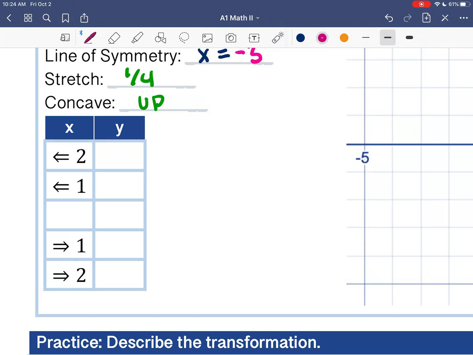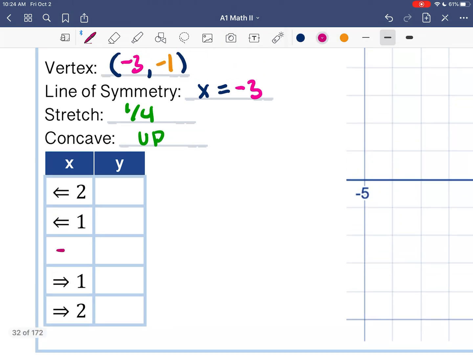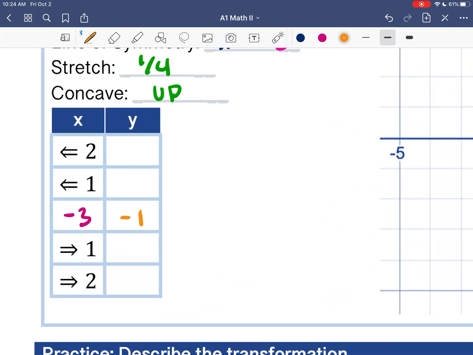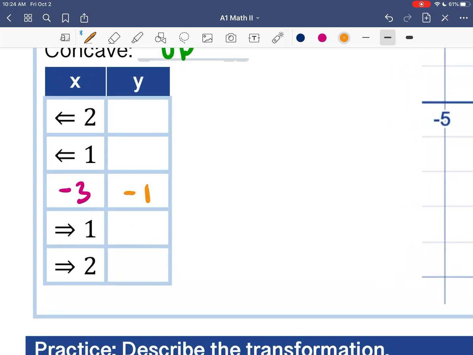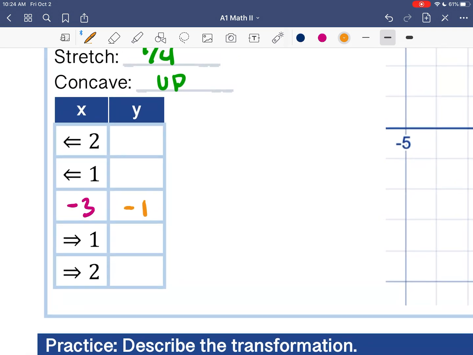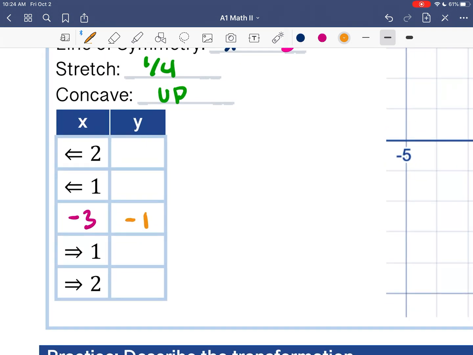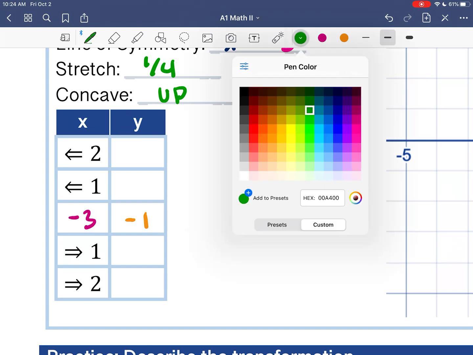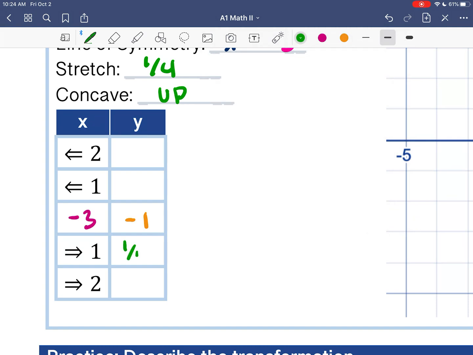So I'm going to start with this table again. My vertex is at -3, -1. And then from that point, I'm going to go right 1, over 1, and up a 1/4. Because normally it's 1, but since we're compressing it to be a 1/4 of the size, we're only going up a 1/4. And then over 2, up, usually it's 4.